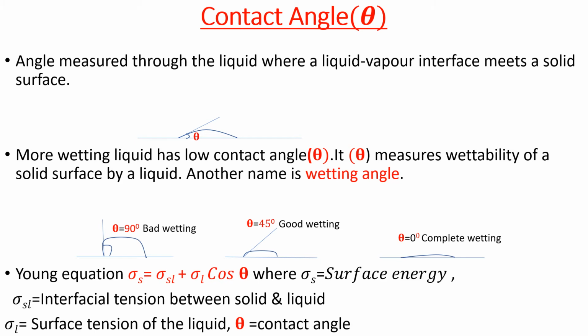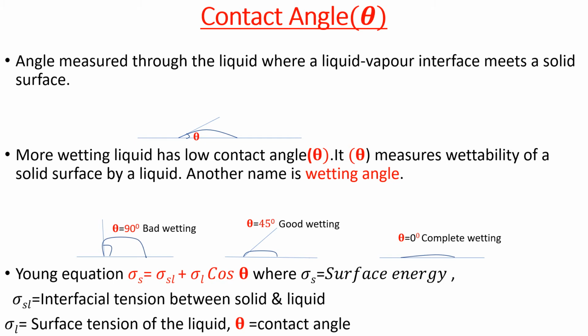Now, the contact angle relates to surface energy by the Young equation. That is sigma S is equal to sigma SL plus sigma L cos theta. Here, sigma S is the surface energy, sigma SL is the interfacial tension between solid and liquid, sigma L is the surface tension of the liquid, and theta is the contact angle. So these are about contact angle.